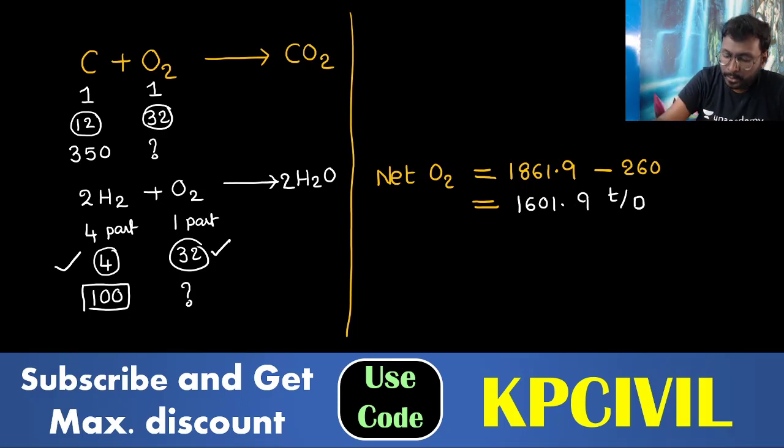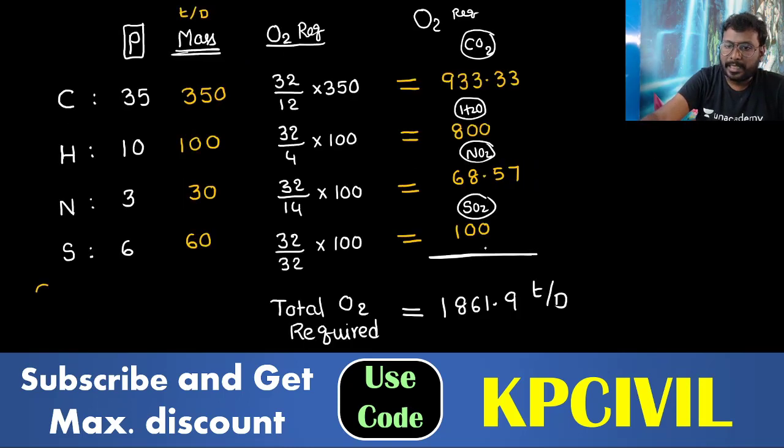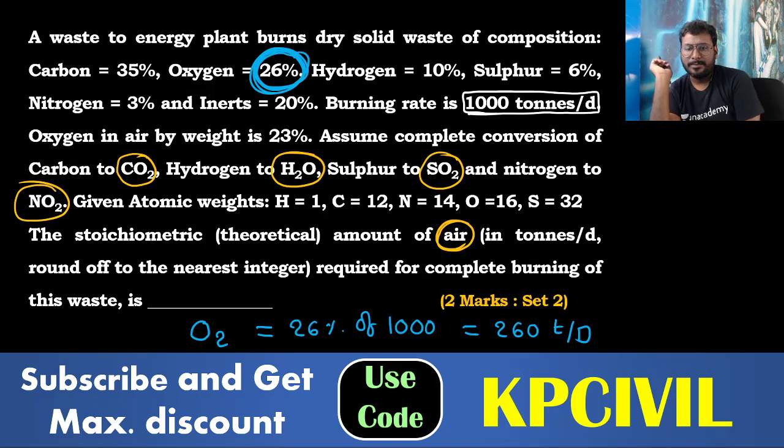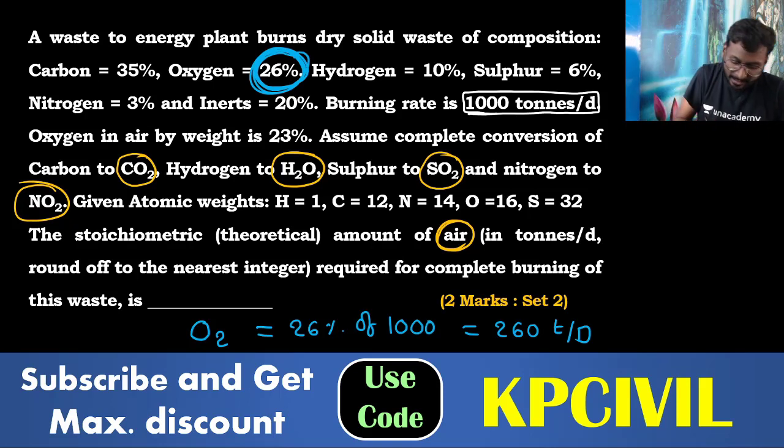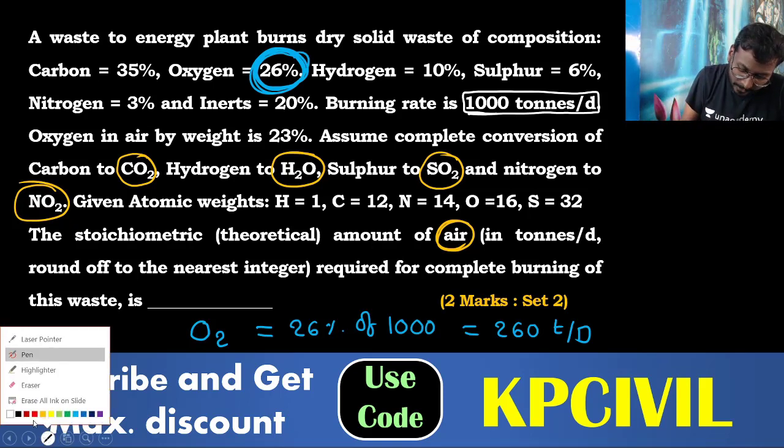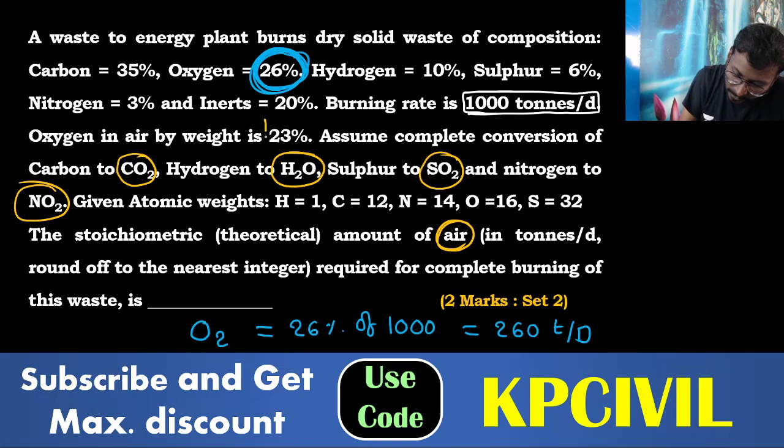But the question is about air, the amount of air required. This is important. Will air contain 100% oxygen? No. Air does not contain 100% oxygen. What is oxygen by weight?